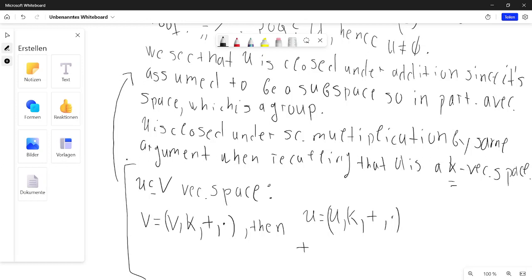The plus on U acts as follows. We just have plus on V, which we restrict to U. And then that acts on U indeed. And how does that act on U? Well, it does the following.